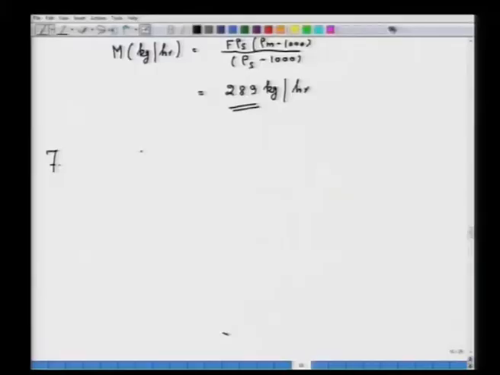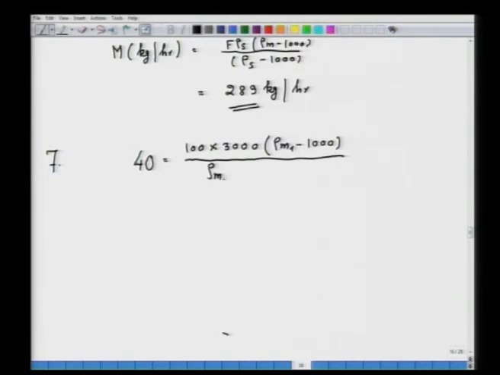In one slurry you have 40%. So, 40 is equal to 100 into 3000 into rho m1, that is the density of slurry 1, minus 1000, divided by rho m1 into 3000 minus 1000.